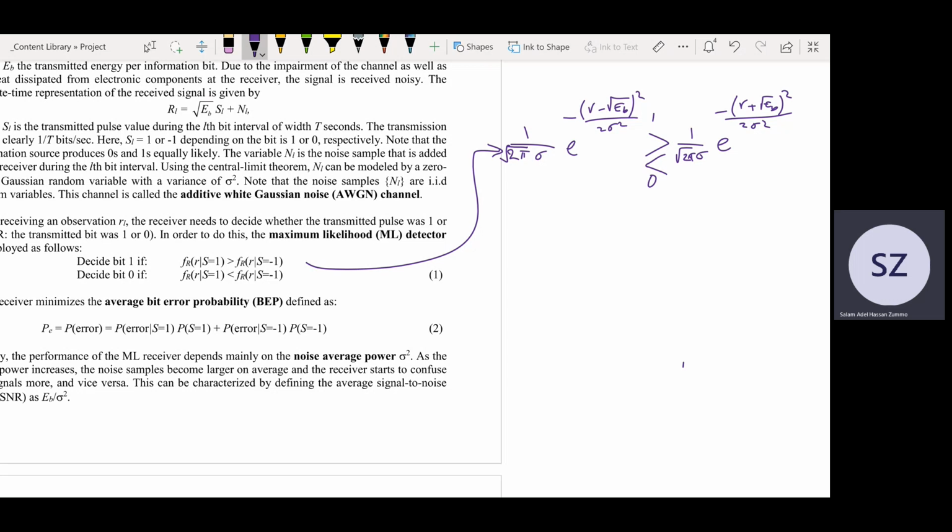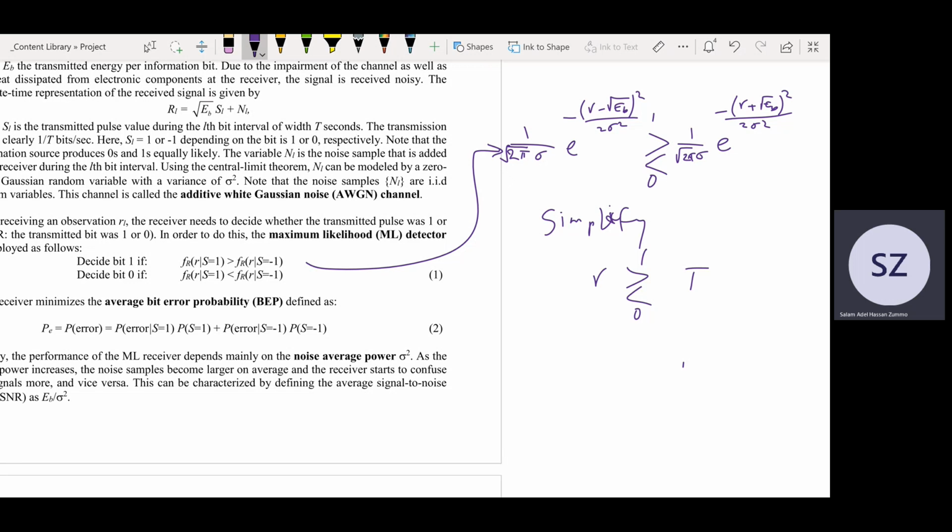So we take the log and simplify until you get R larger than some threshold. If it is larger, it will be 1. If it is less than, it will be 0. Is the idea clear? What is this threshold? It's 0. You need to derive it. It's 0 because it makes sense to be 0, but you need to get it.